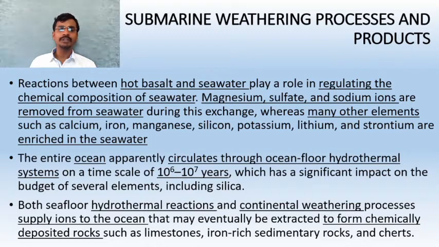Both seafloor hydrothermal reactions and continental weathering processes supply ions to the oceans that are used either by the organisms or extracted in the form of chemically deposited rocks such as limestone or iron-rich sedimentary rocks and cherts. So these are the products of submarine weathering.